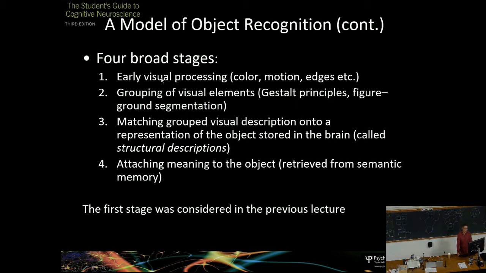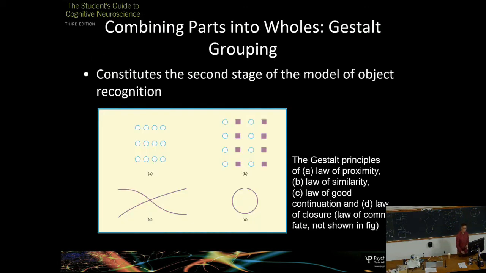To create visual descriptions of objects, you have to group smaller elements together. This is part of the hierarchical nature of vision. These are the kinds of ways in which you group objects together. They're called the Gestalt principles. Here, people tend to perceive that as 3 rows instead of 4 columns.